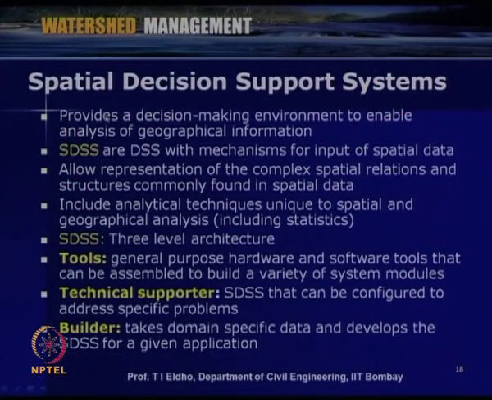So, we have to see the spatial variation, and when we generate a decision support system based upon the spatial variation specifically, then we can call that type of system spatial decision support systems. So, spatial decision support systems provide the decision making environment to enable the analysis of geographical information specifically.